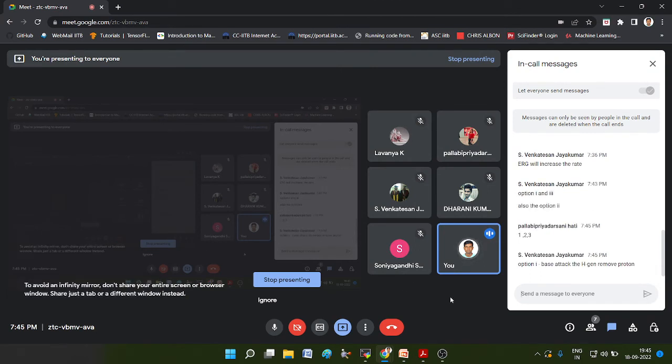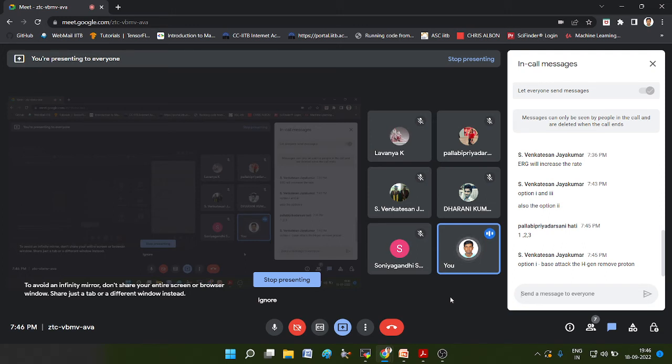Okay, Venkatesh, you are able. Pallavi, 1, 2, 3. Venkatesh, option 1. Option 1, the base attacks the hydrogen. Yeah, that's how you should respond, with the proper reason why you say this. Yeah, Pallavi, why do you think 2 and 3?